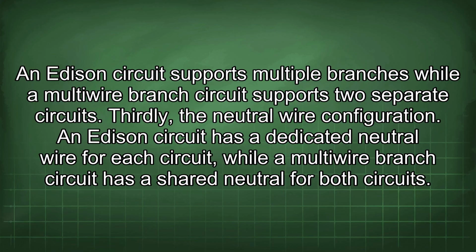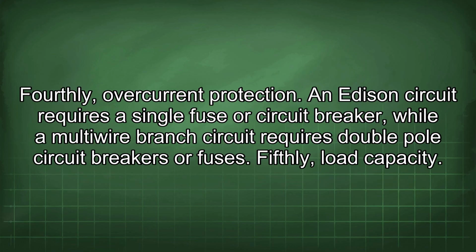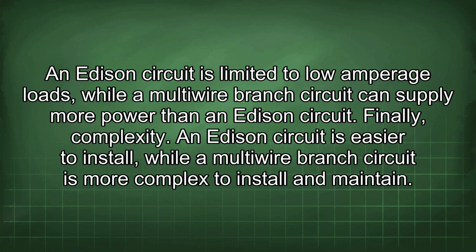Fourthly, overcurrent protection. An Edison circuit requires a single fuse or circuit breaker, while a multi-wire branch circuit requires double-pole circuit breakers or fuses. Fifthly, load capacity. An Edison circuit is limited to low amperage loads, while a multi-wire branch circuit can supply more power than an Edison circuit.